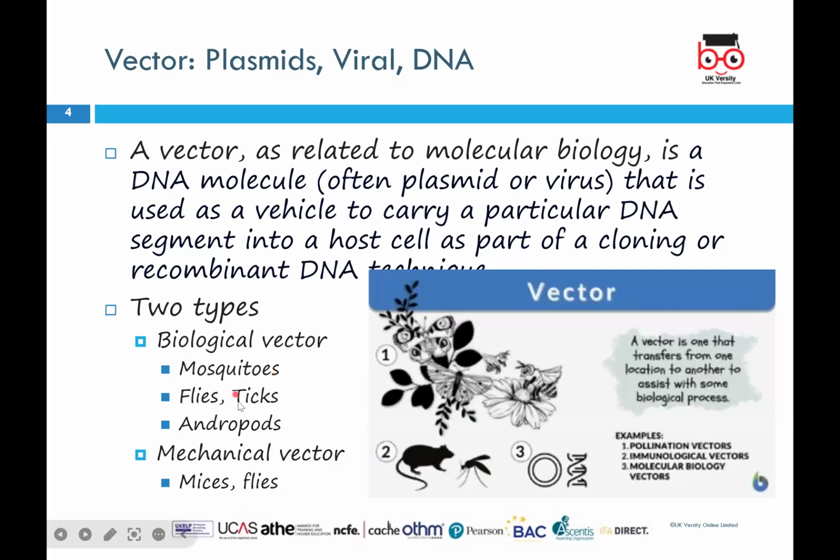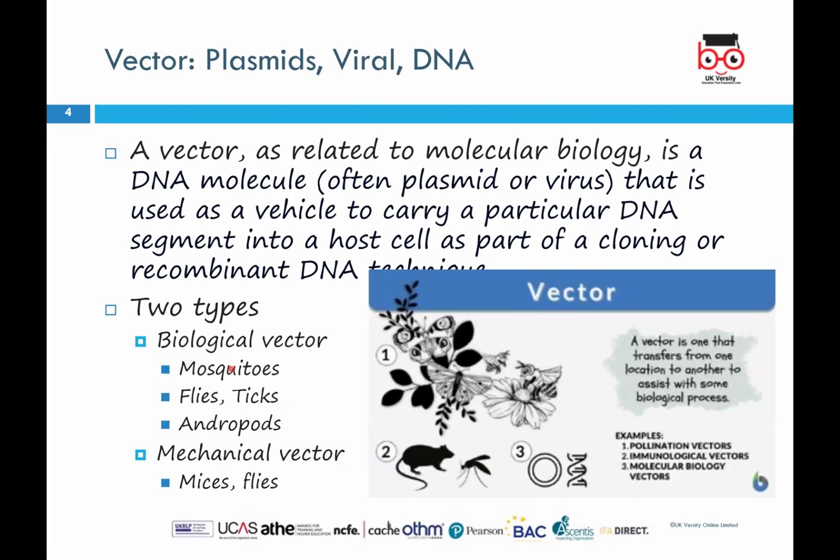The same happens with fleas or ticks. These are fleas, not flies, there's a typo here, and again there's multiplication. Ticks also carry the infectious agent within themselves, but within a tick, for instance, or within that mosquito, there will be multiplication.